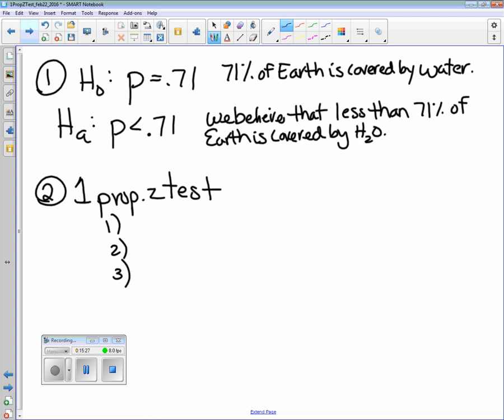What's the first one? Randomization. What can I say about randomization? Well, because we threw a ball around the room in this problem, I'm not sure about random, right? Probably our finger landed on the ball randomly, I would say, but really the purpose is to assume that it is representative. So we're going to assume that our sample is representative. Okay, how about number 2?